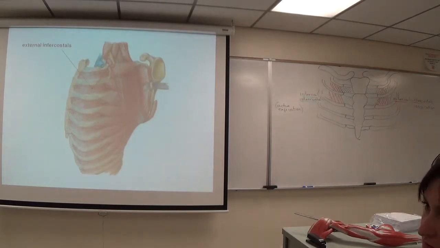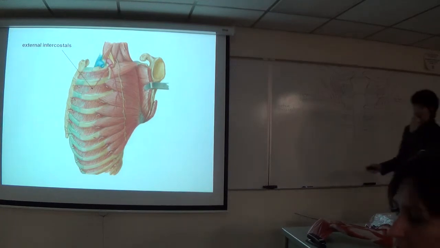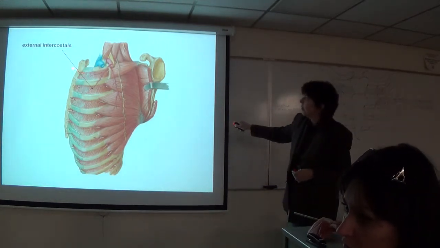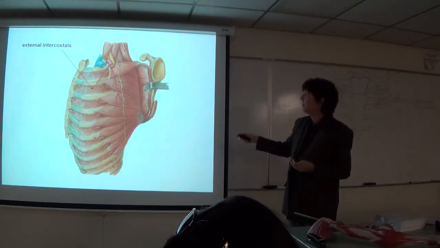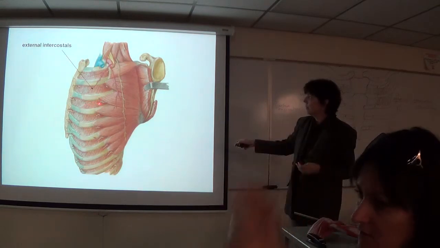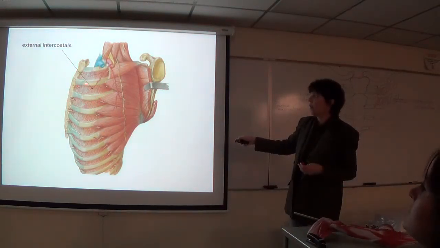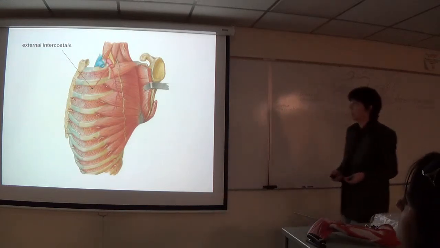And let me turn the lights down here. Okay, so internal intercostals are here, covered up by the epimysium of their muscle, and here would be external intercostals. So the external intercostals don't go all the way to the sternum, and so we can still see some of the internal intercostals.